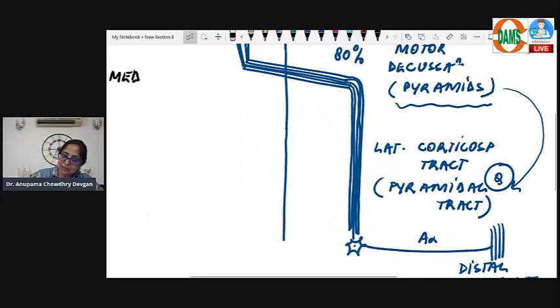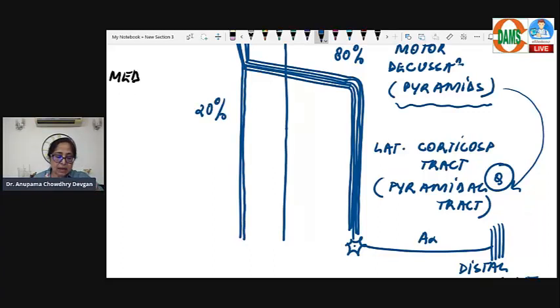The remaining 20% of the fibers do not cross the midline. They remain uncrossed, and this forms the anterior corticospinal tract.